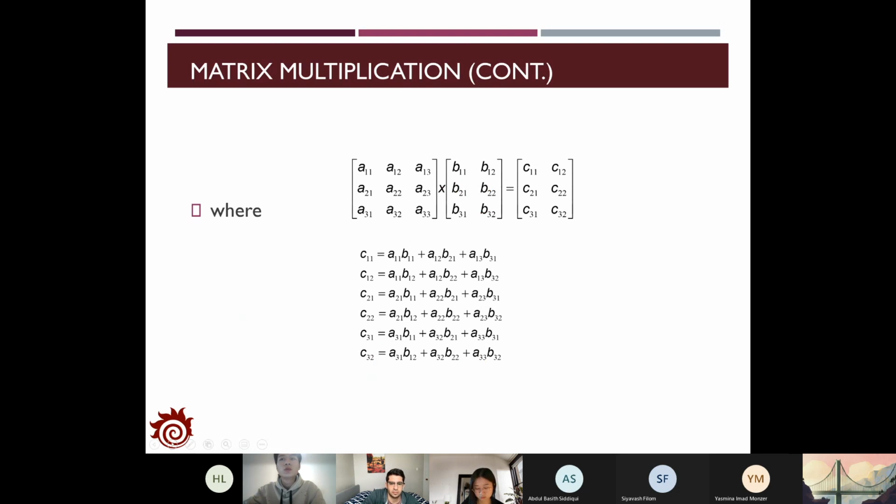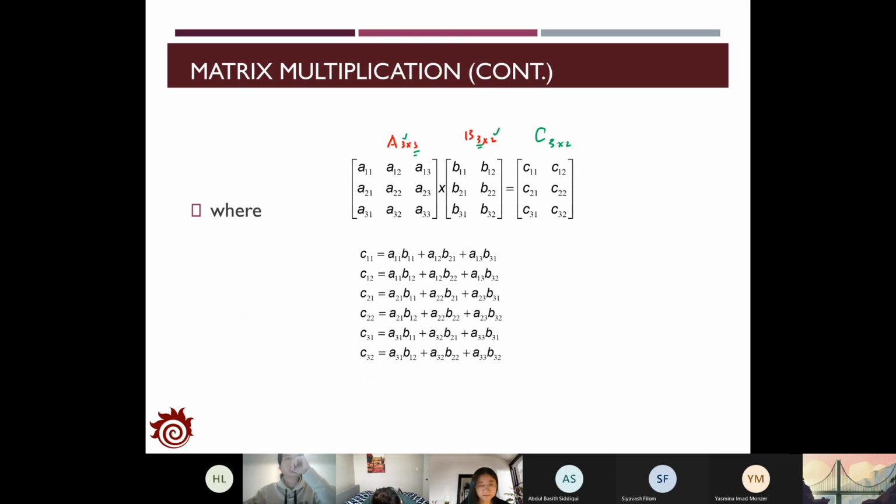Here we have the matrix A. A has a dimension of 3 by 3, and B has a dimension of 3 by 2. Of course, here you can see that the number of columns for A is 3, and the number of rows for B is also 3. So with that, you can get the matrix C with the dimension of 3 by 2, which is determined by the number of rows of A and the number of columns of B.